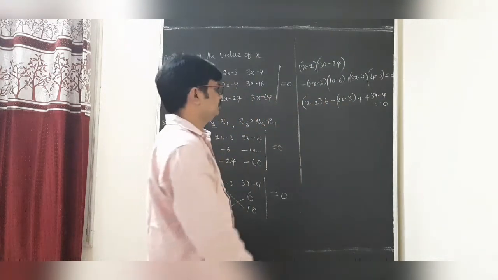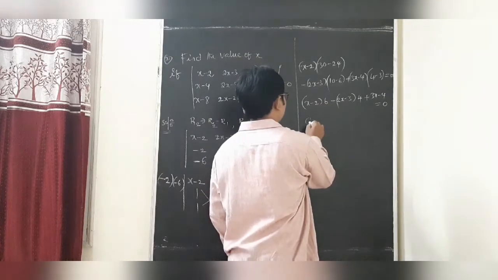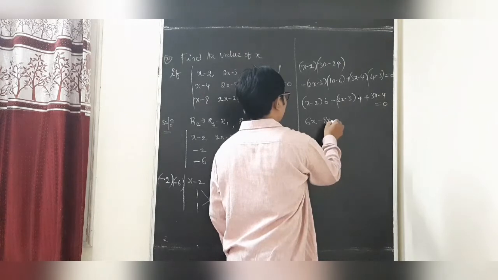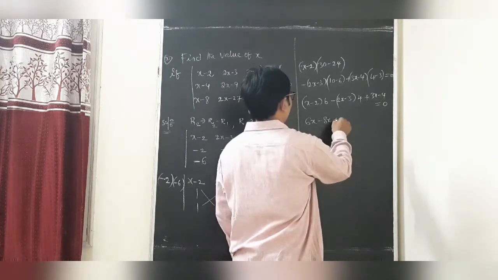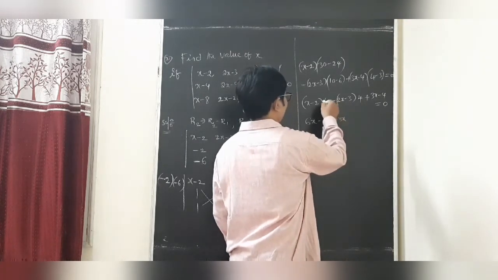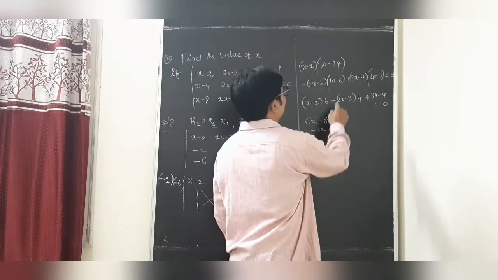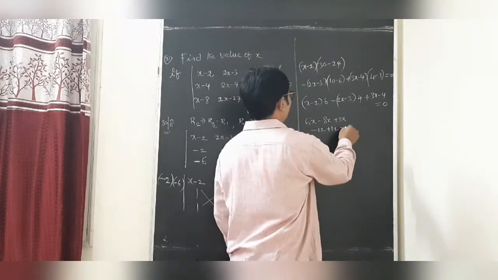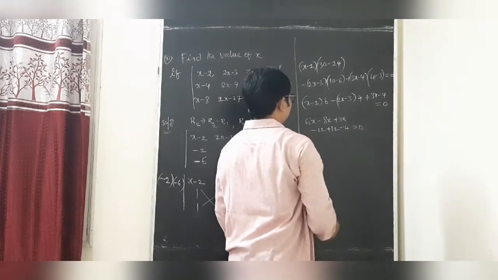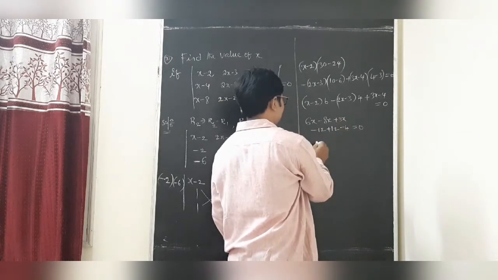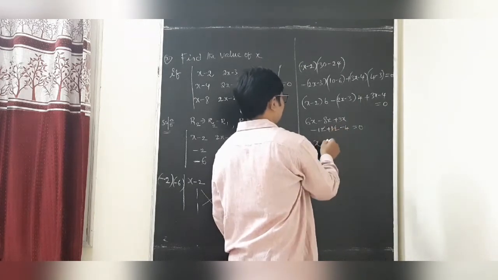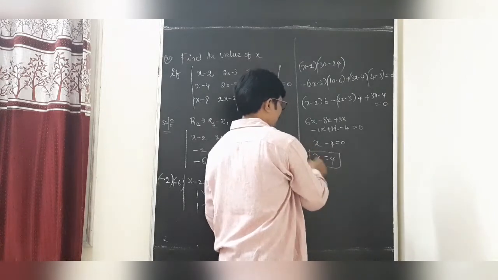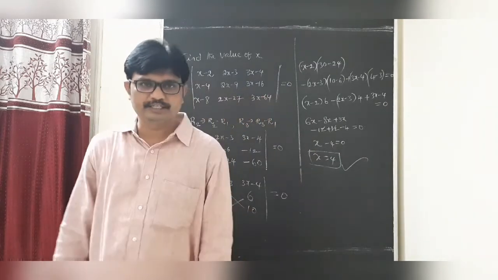So 6 into x is 6x, minus 8x plus 3x, and minus into minus is plus, 3 fours are 12, minus 4 is there. Dear students, 9x minus 8x is x. Undoubtedly the value of x equals 4. Write it down, students.